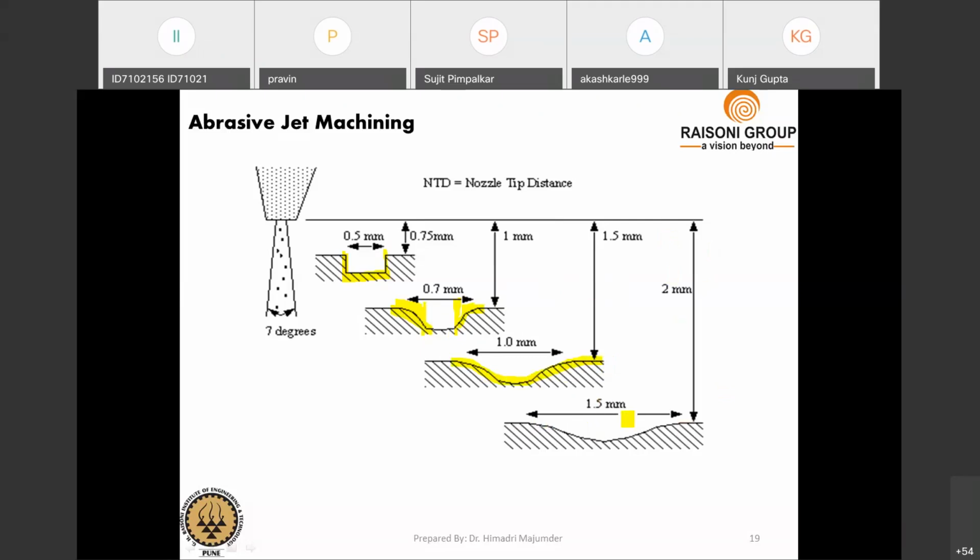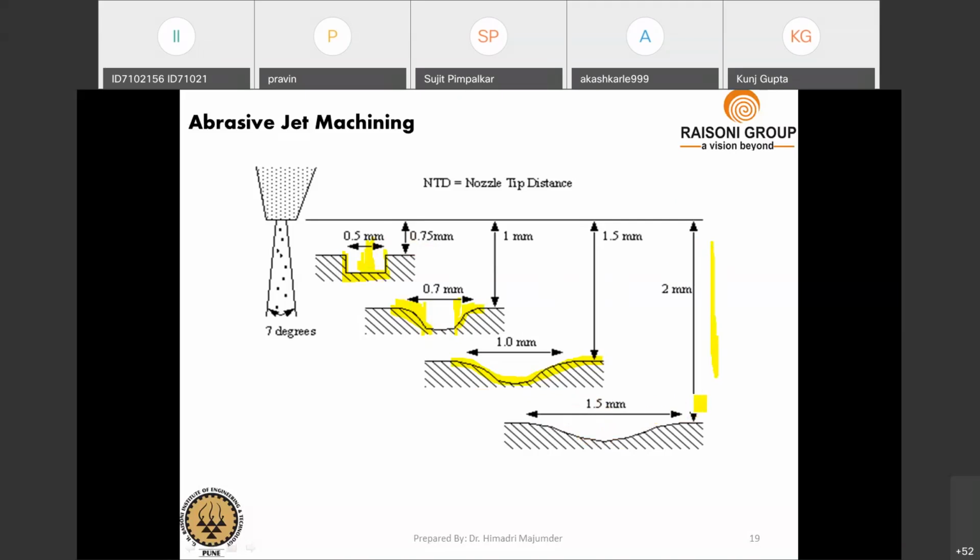becomes 1.5 mm. And if your standoff distance is less, then you will get more depth of penetration and material removal takes place. But if you increase the standoff distance, then you will find that the depth is reduced, but the width increases.